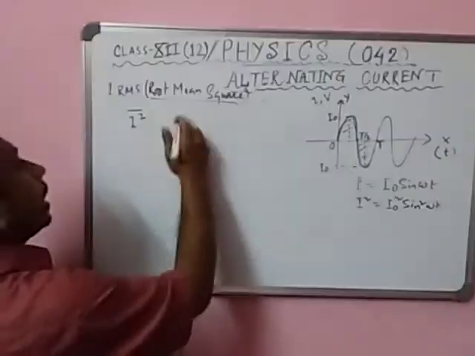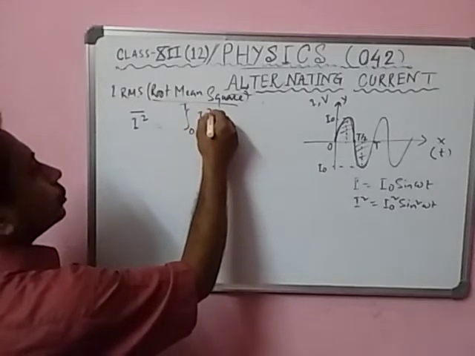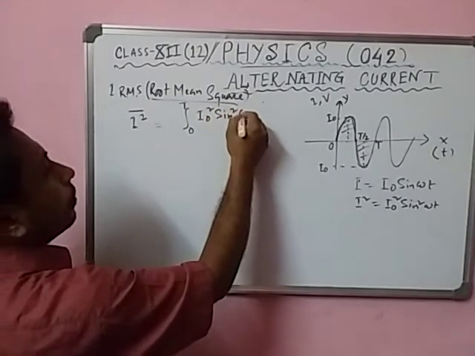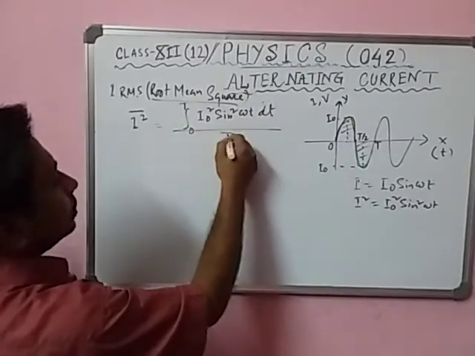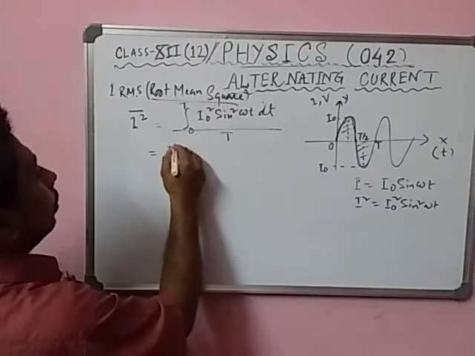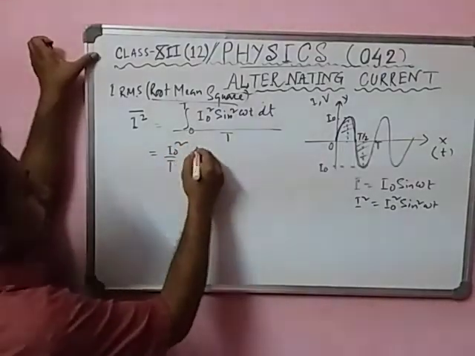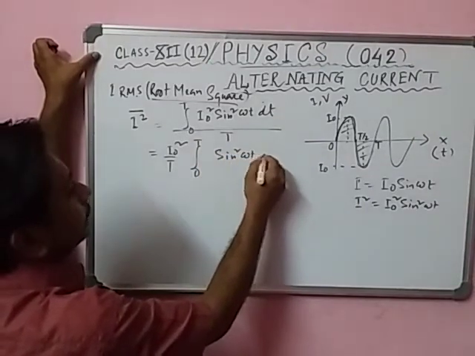So here we put 0 to T, I0 square sin square omega t dt, over the full cycle, meaning total time period T. So 1 by T outside, I0 square also outside. Now integrating 0 to T sin square omega t dt.